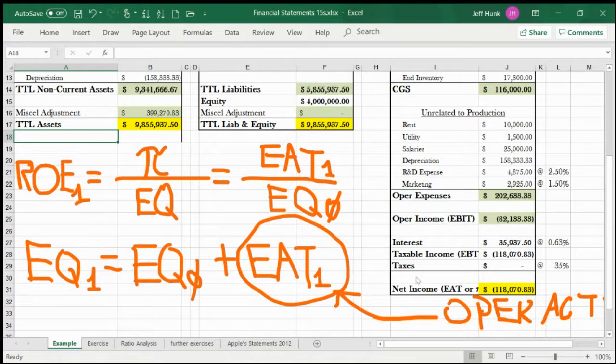If you have an orchard and you have apple trees, apple trees are like your equity at time 0, and EAT is the fruit, the apples, the fruit of the tree.